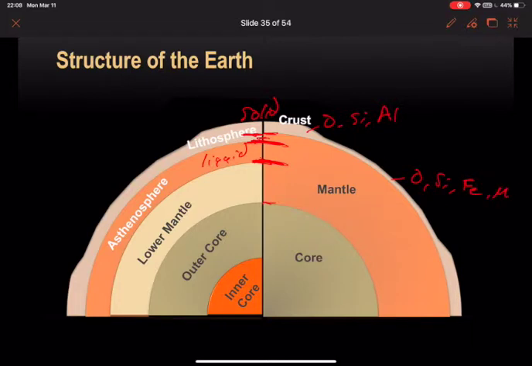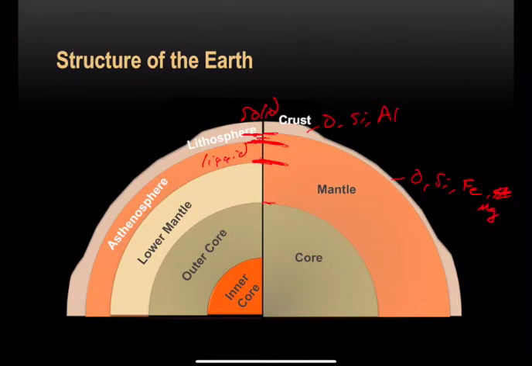Magnesium. And then the mantle is the next chemistry down. And this chemistry for the entire mantle is oxygen, magnesium, I think it's silicon, iron. If I got that wrong, then I am sorry, but you can go back and check. Might be iron, silicon, but I think it's silicon, iron.